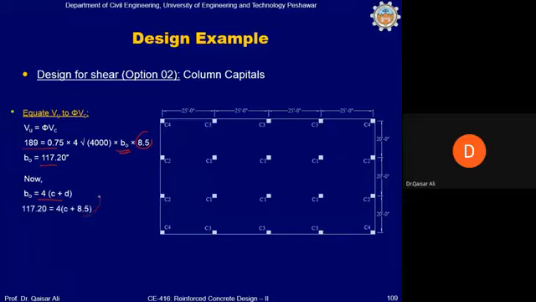Because we know D is equal to 8.5 inch, we are not going to increase the thickness of the slab. C comes out to be at least 21 inch. And we know that our size of the column is 14 inch. So for a 21 inch column, either we should increase the size of the column all along its length, or we should increase the head of the column. So we will increase the head of the column in this manner.